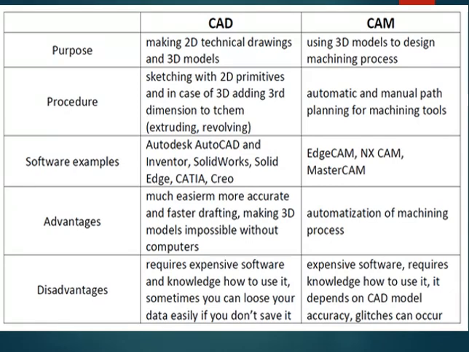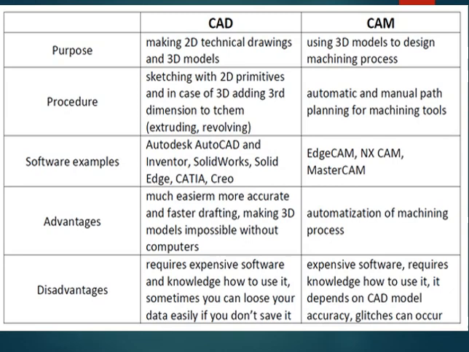Also, there are some disadvantages in CAD and CAM. Everyone knows CAD and CAM, but when you enter the CAD field and CAM field, you must have some knowledge about CAD and CAM. The person must have software skill and also some ideology to create a design.